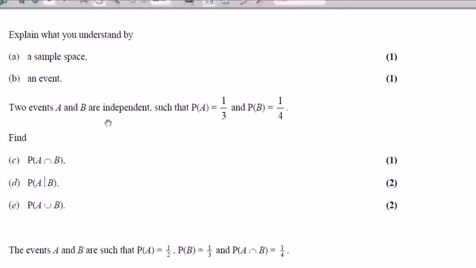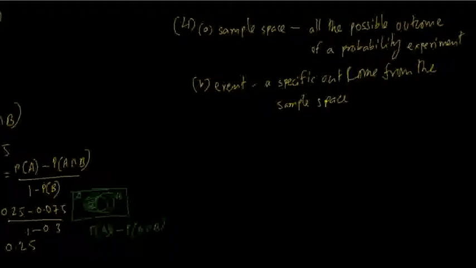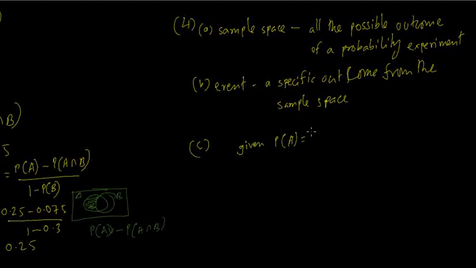Again, they're mentioning two events are independent. So probability of A is 1 by 3, probability of B is 1 by 4. So for doing C, it is given probability of A is 1 by 3, probability of B is 1 by 4, and A and B are independent.